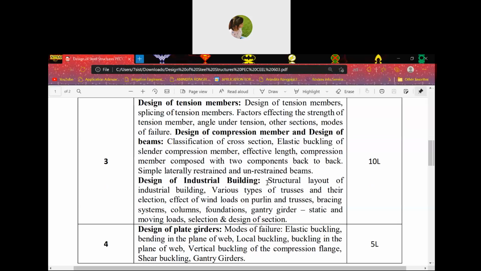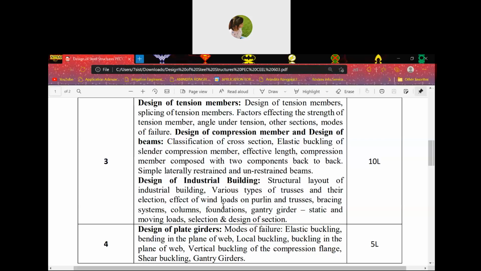In Design of Industrial Building, we'll study the structural layout of the industrial building, then the various types of trusses and their erections, that is, how the different industrial buildings in a steel structure frame can be erected.